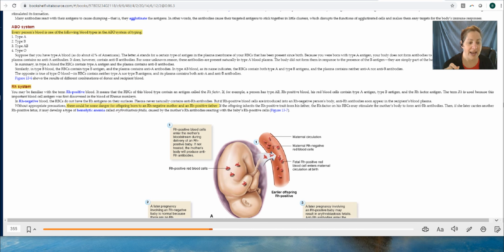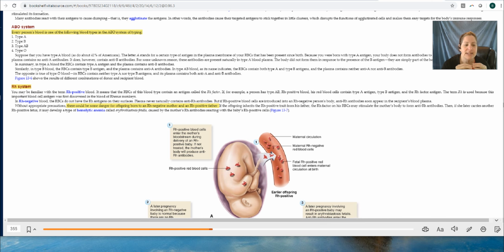With the RH factor, when you're negative, again, it's an antigen-antibody combination problem. And if you have an RH negative patient and you introduce RH positive blood into their system, you will create a reaction.